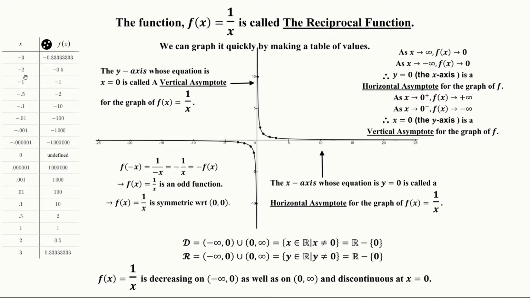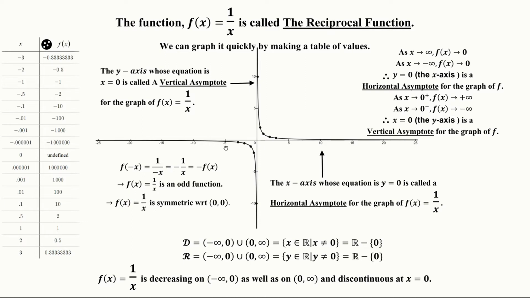But notice what happens as we approach 0 from the left. As the x values, let's say we start at -3 and get closer and closer. Notice first I jump in increments of 1, then we go to a half, then we go to smaller increments. Notice what happens.